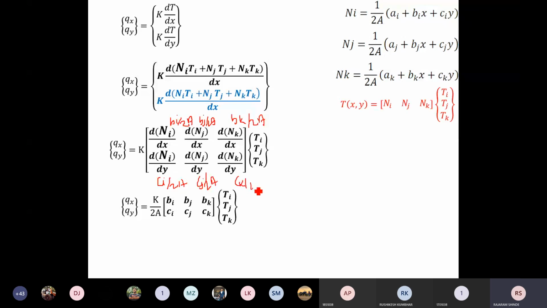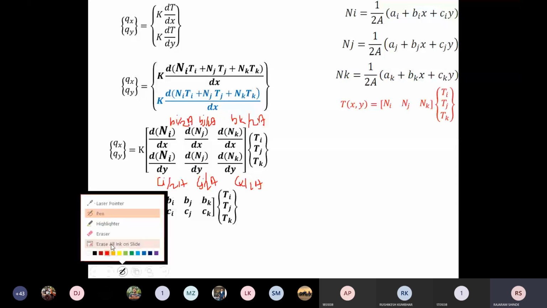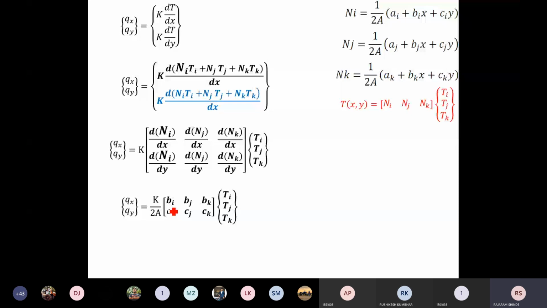Now when we take the 2a common from all the terms, you will get bi, bj, bk, ci, cj, ck. And your equation becomes k by 2a, because we have taken 2a common from all the terms, and we have written bi, bj, bk, ci, cj, ck. Do you agree with this? Into you have ti, tj, tk.